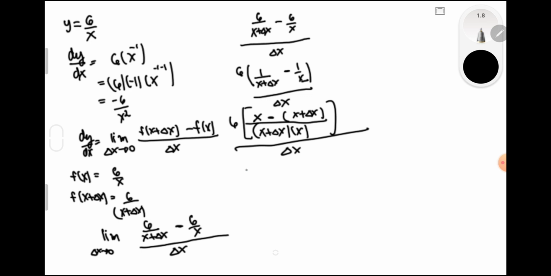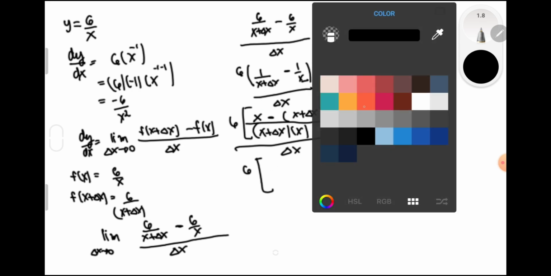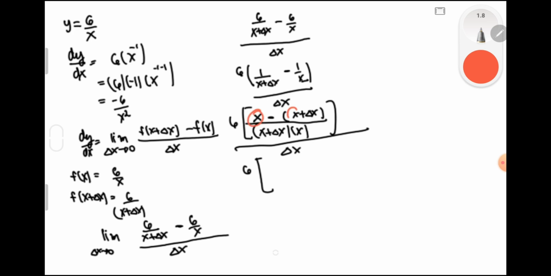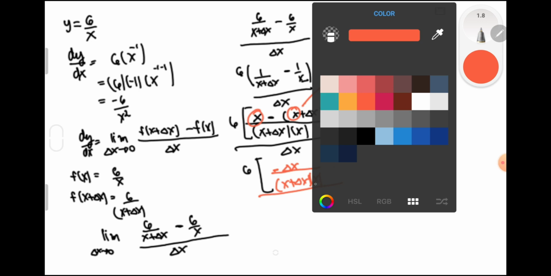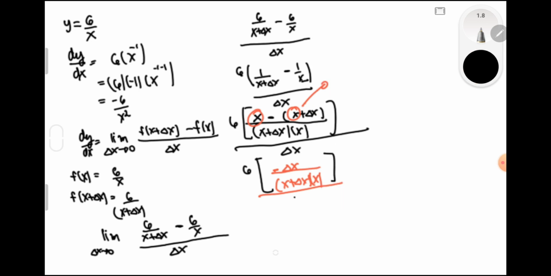So from this, we'll have a value equal to 6 multiplied by x, x minus x is 0, so x minus x equals 0, and negative multiplied by delta x is equal to negative delta x divided by x plus delta x multiplied by x, divided by our delta x. Take note na may denominator yan na 1.